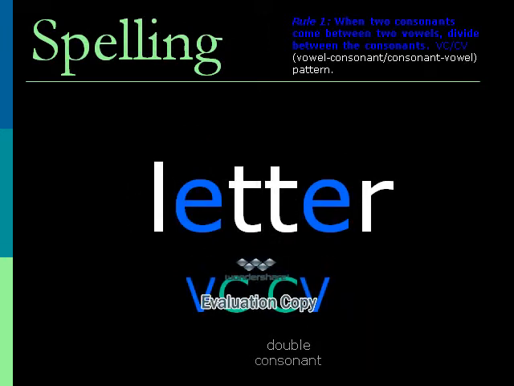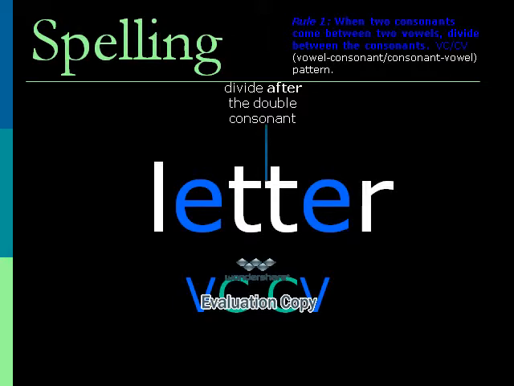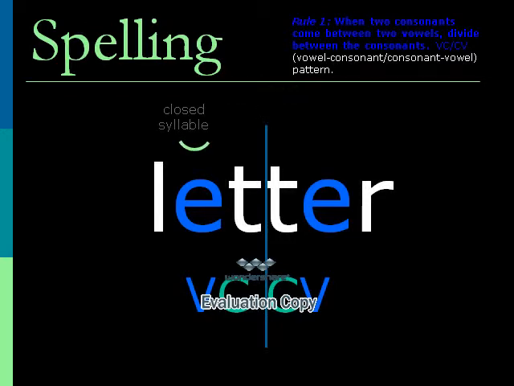Our next word is letter. When we look at this, we see that we have that double consonant right there in the middle. So we're going to divide in between the double consonant, and we have the first closed syllable, which is let. The second closed syllable, ter. Let, ter.